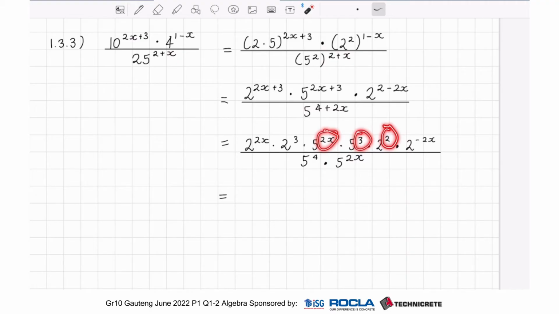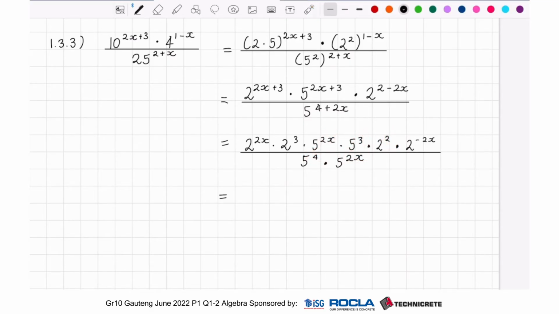And now for my 5s in the denominator, I know that when I have 2 numbers that are being divided, which are the same base, I subtract the exponents. So the 5 is going to be raised to this one, plus this one, plus this one. But now for the ones that are in the denominator, I'm going to have negative exponents. So I'm going to have minus 4 and minus 2x.